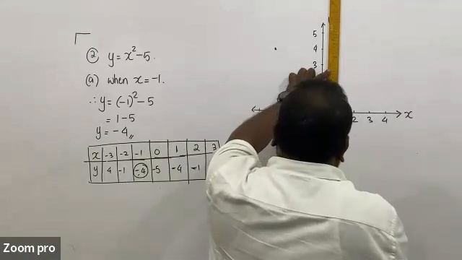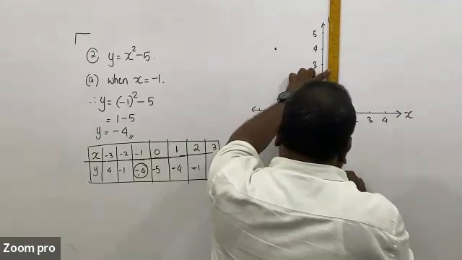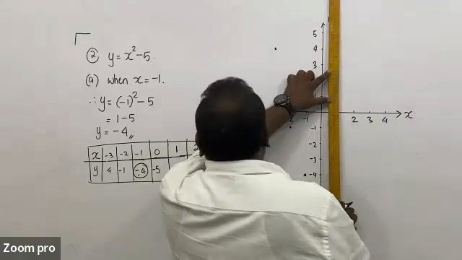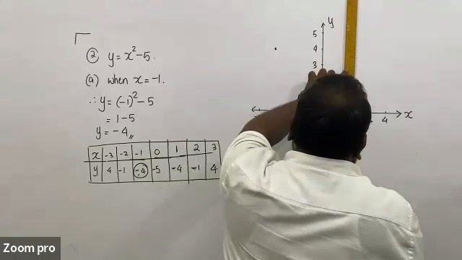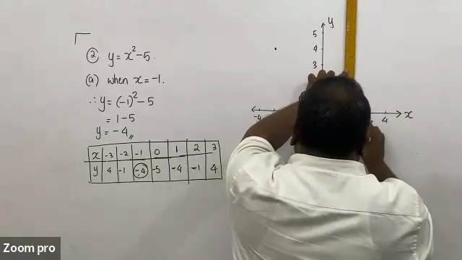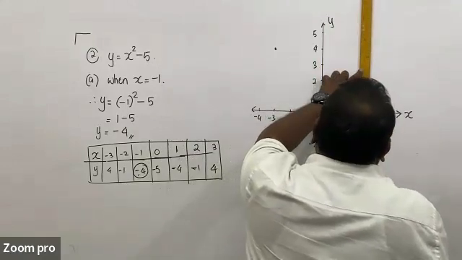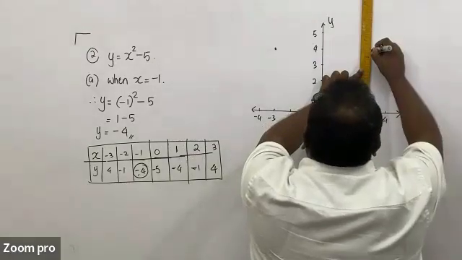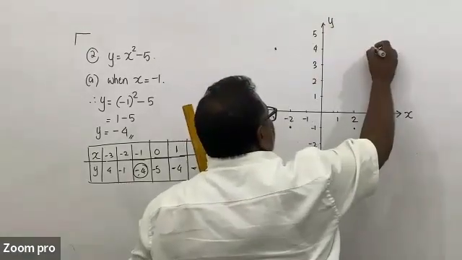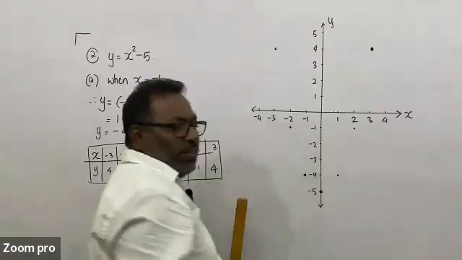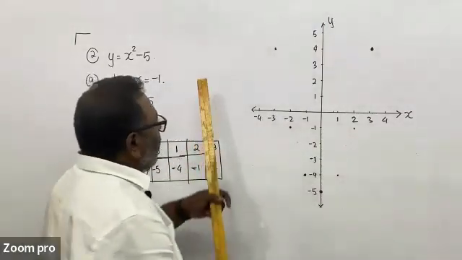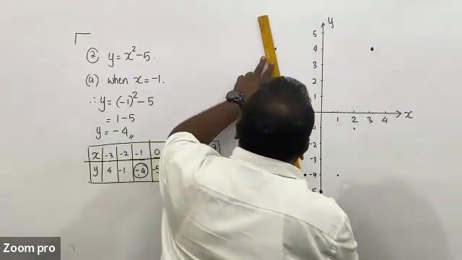Plus 1, minus 4. 2, minus 1. And 3, plus 4. So now join.